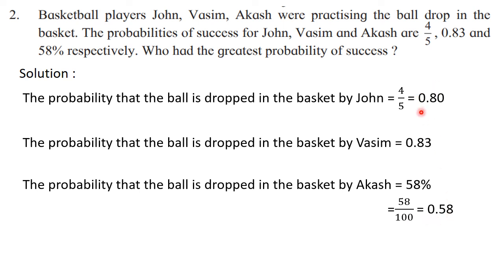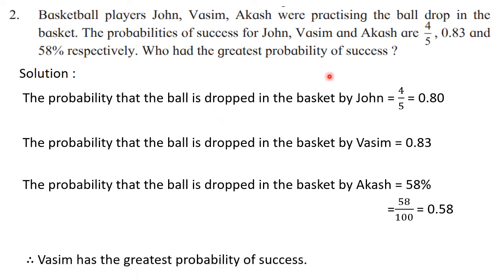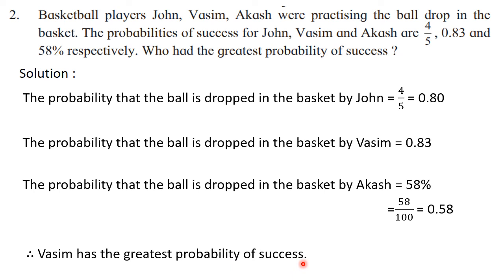Now see, all the possibilities were converted into decimal points. Now can we compare which is the highest number here? So we can say that here 0.83 is the biggest number. So we can say that Wasim has the greatest possibility of success by comparing like this.